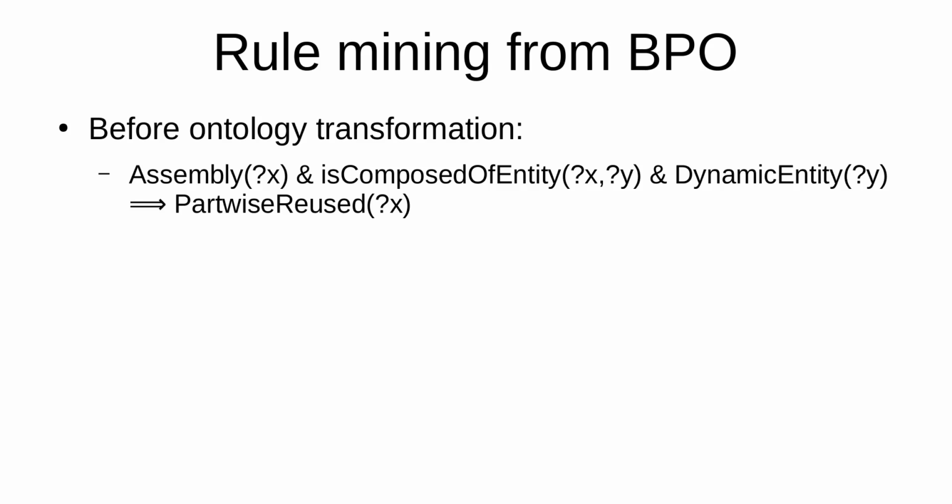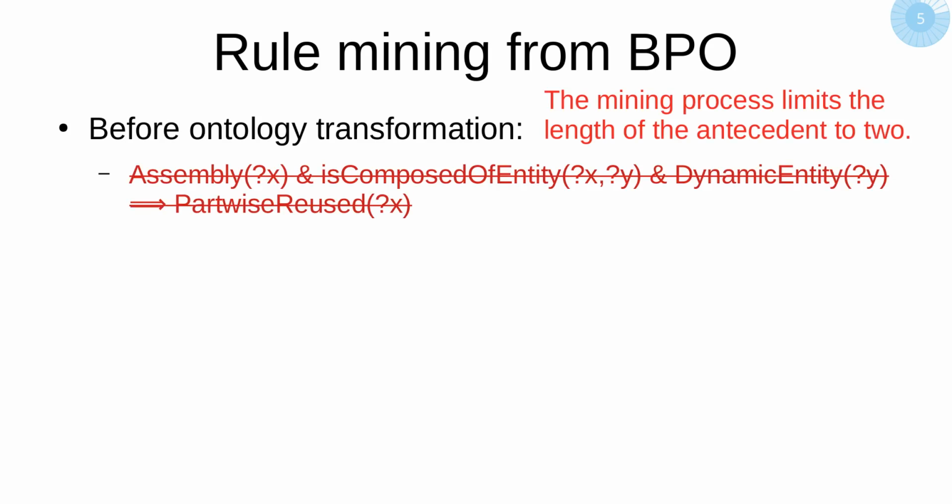So this is basically the rule, but the mining process can be limited to a certain length of antecedent, for example to 2, and then the mining process could not find this rule.